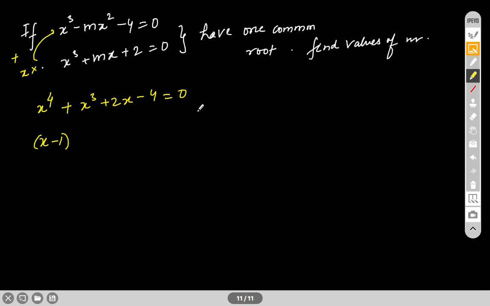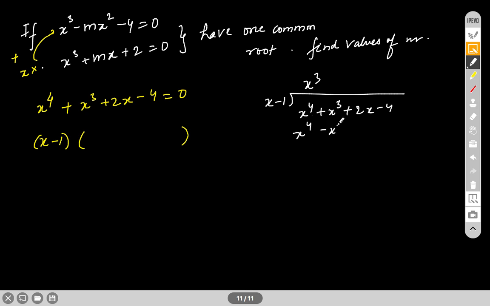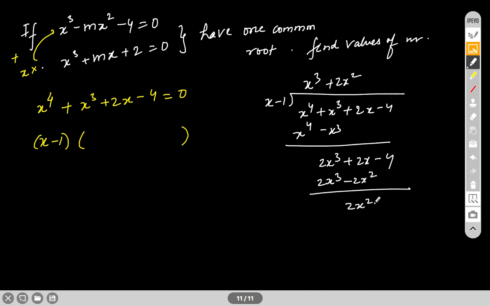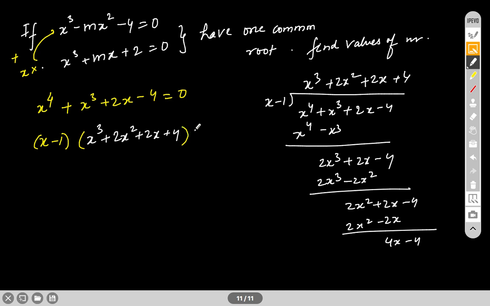Let's find out the other factors by doing long division. x cube minus x cube, subtract 2x cube plus 2x minus 4, 2x square, 2x cube minus 2x square, 2x square plus 2x minus 4, then 2x, 2x square minus 2x, 4x minus 4 plus 4. So this will be x cube plus 2x square plus 2x plus 4 equal to 0.